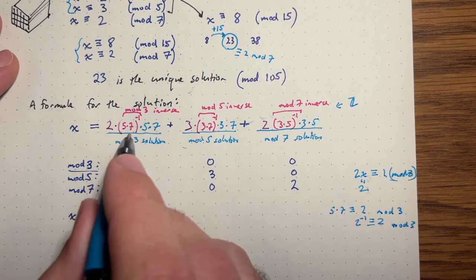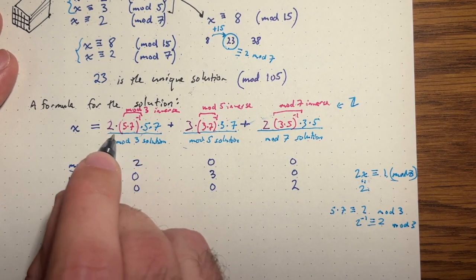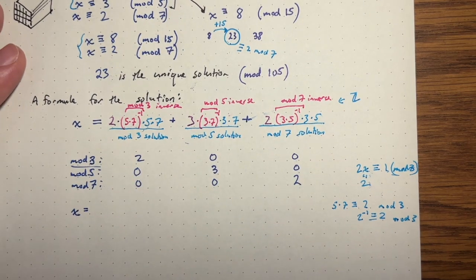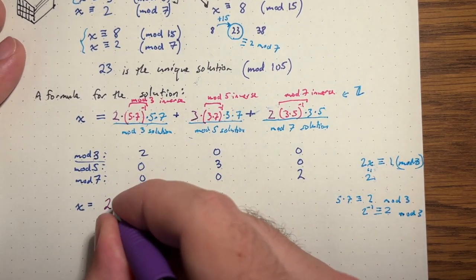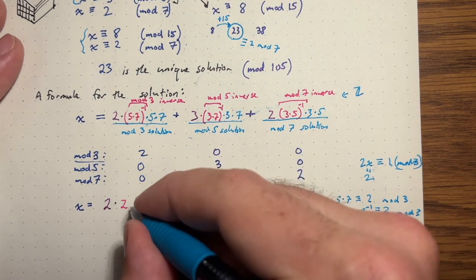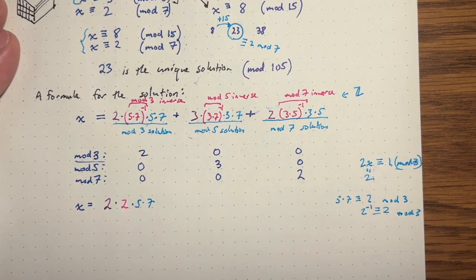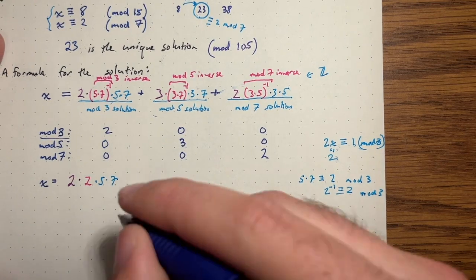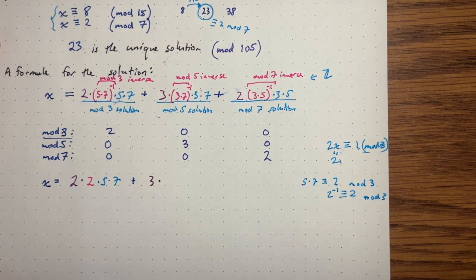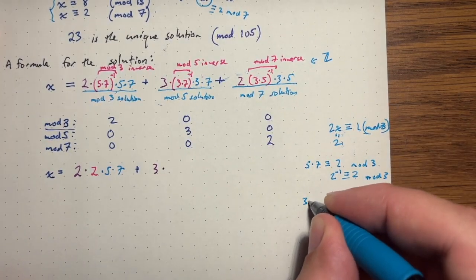What does that mean? It means I can actually take anything here congruent to 2 modulo 3. So I'll just take 2 itself. So I'll write this again. This inverse here is just going to be the number 2, because 2 is its own inverse. Plus, and I've got 3 times 7. 3 times 7 is 21.